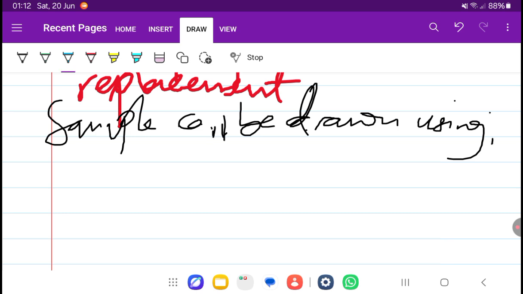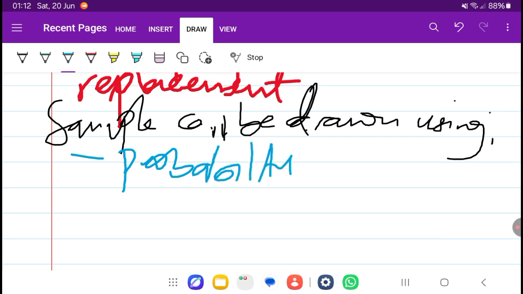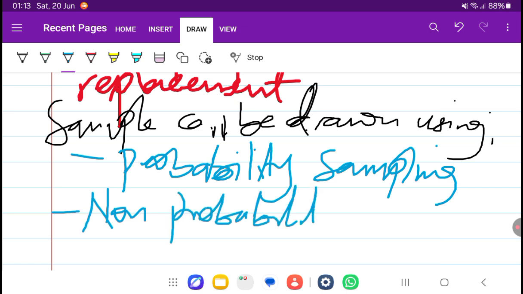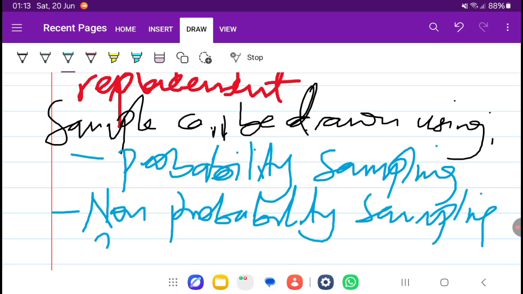It can be through what we call probability sampling procedures, or what we call non-probability sampling procedures.